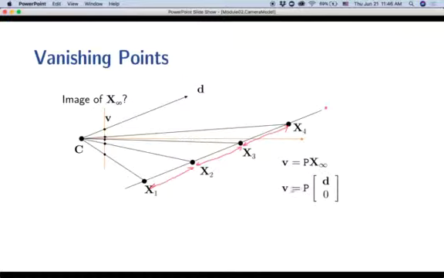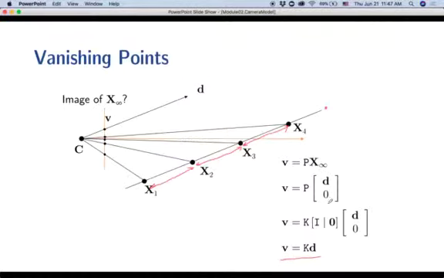So v is really P times (d, 0), because that's x infinity, and P is really K[I|0] if I'm in the canonical view. All right, and so this 0 will multiply with this column, and so that really doesn't matter, and d will multiply by I, so I times d is d, so I'm just left with v equal to Kd.